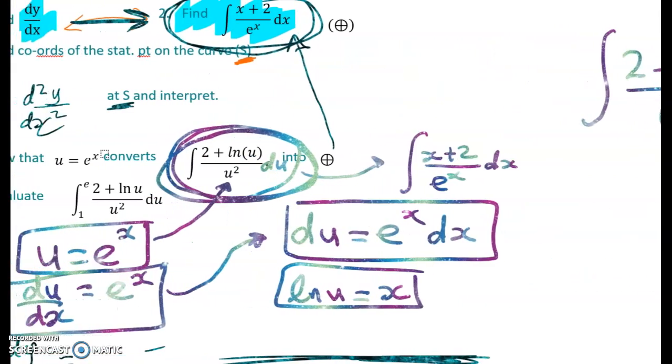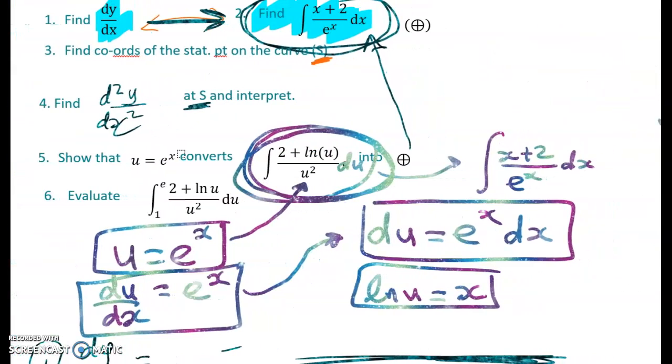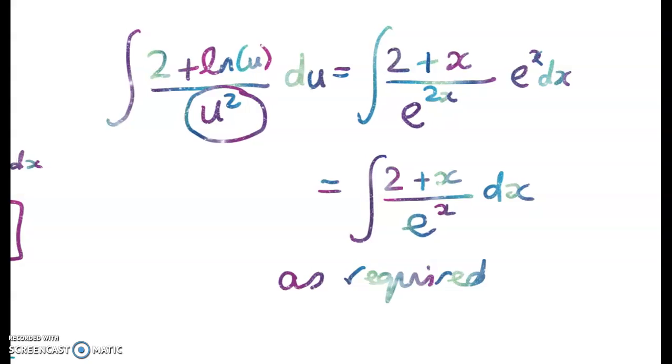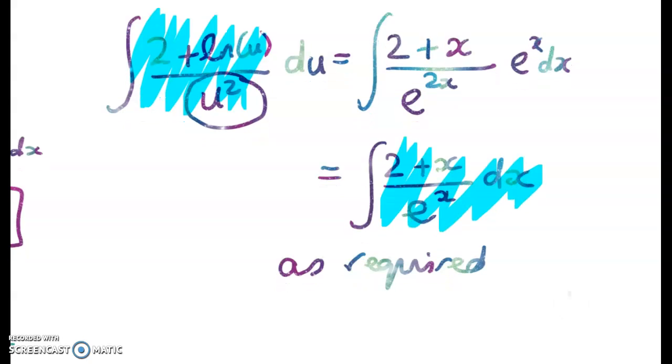Now the last part of the question was to evaluate this definite integral here. Okay, and we're just about there. We know from that work we just did that if we've got an integral of this form, we can rewrite it like this.